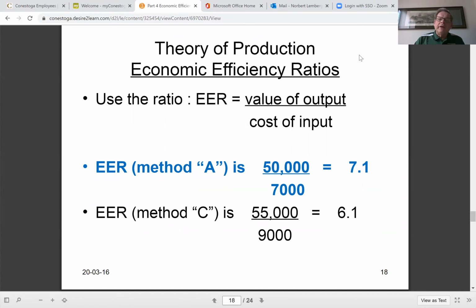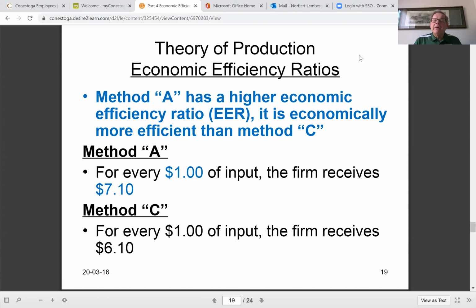So using the ratio that we saw, the economic efficiency ratio, the value of the output divided by the cost of the input. So for method A, that would be 50,000 divided by 7,000, which is equal to 7.1. And for method C, it would be 55,000 divided by 9,000, which is a 6.1. Method A has a higher economic efficiency ratio.